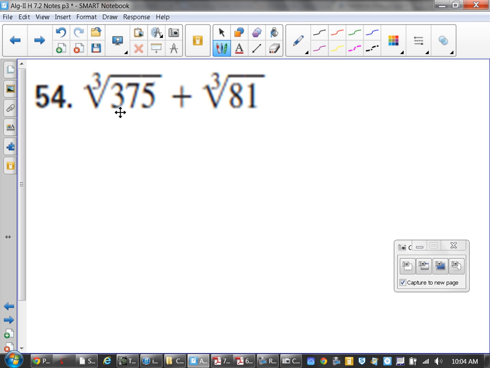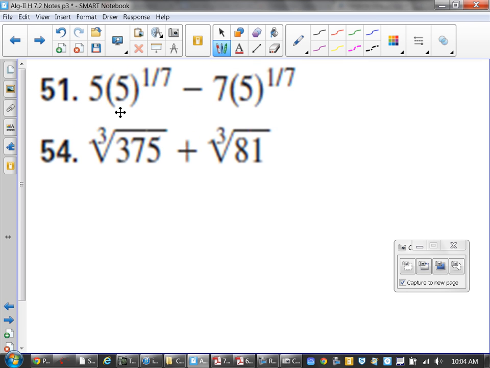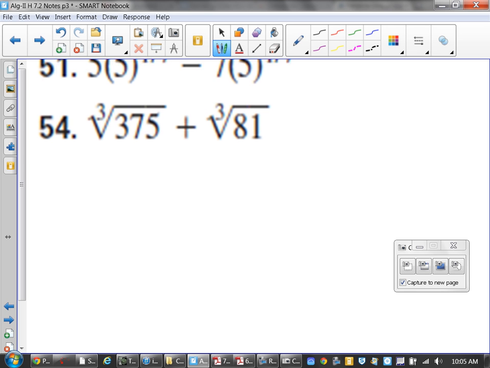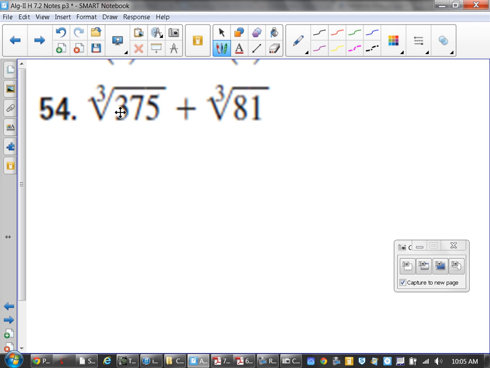I need to find perfect cubes. It's 5 minus 7. I want to find a perfect cube. So I'm looking at this. I have one of them that ends in a 5, which means I might want to see if I can divide that by 5. 125 times 3. So isn't this the cube root of 125 times the cube root of 5? Yes.